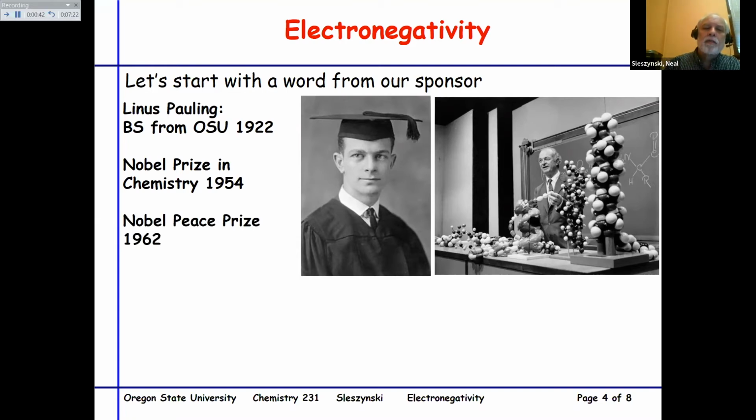Linus Pauling then very famously also received the Nobel Peace Prize in 1962 for his anti-nuclear weapon activities, and remains the only person in Nobel history who has received two solo Nobel Prizes not shared with any other individuals.